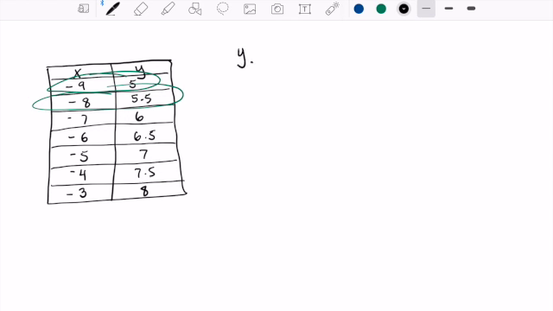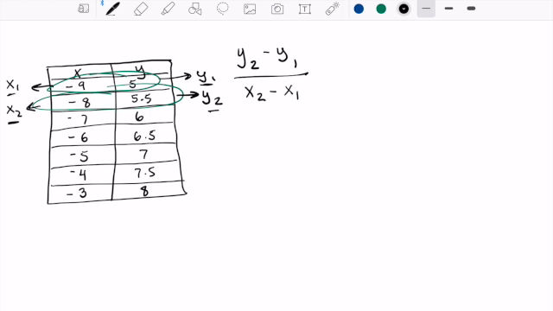If it asks me to show my work mathematically, I'm going to use my slope formula. So I'm going to take my y2, call this my y1. Here I have my x2, because again, x2 and y2 must be together. This will be my x1, because y1 and x1 must be together. And we're going to plug that into our slope formula.